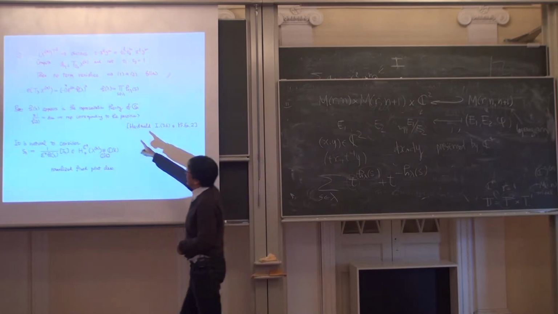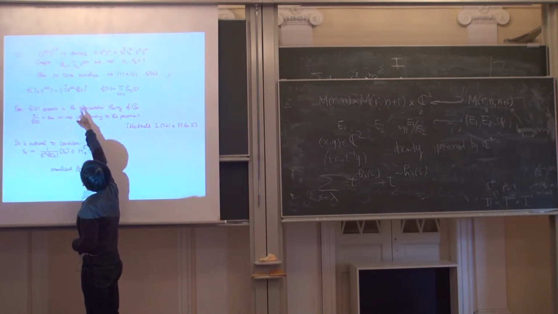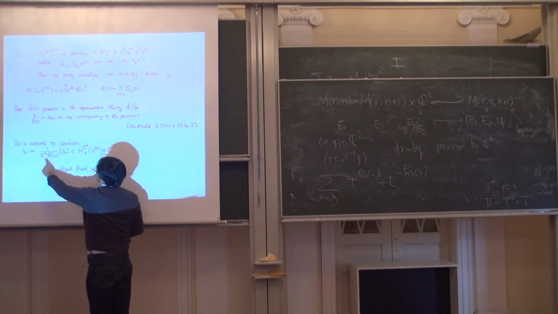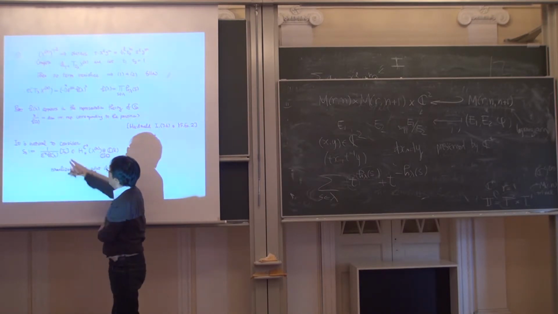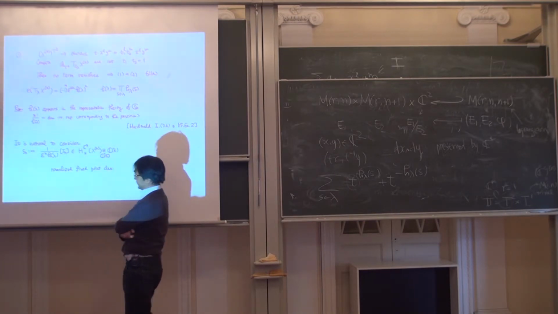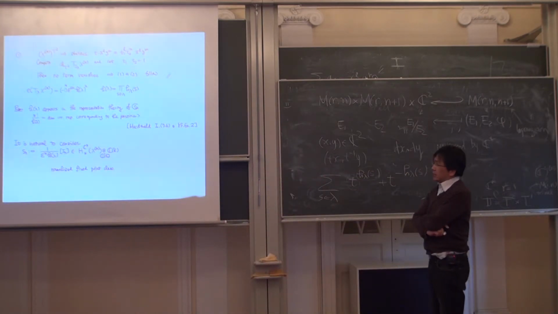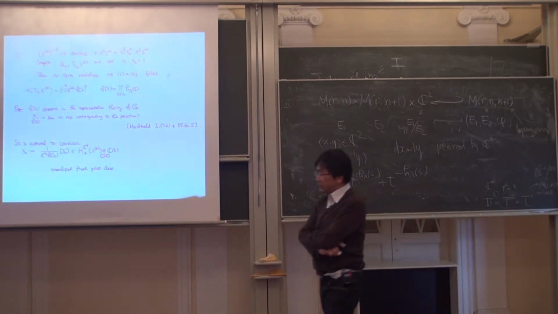So I just pick up somehow half of the weights and ignore the sign, and I multiply epsilon to the n times h lambda, and I multiply by the Poincare dual of the class represented by a fixed point. So this is a modified fixed point class.